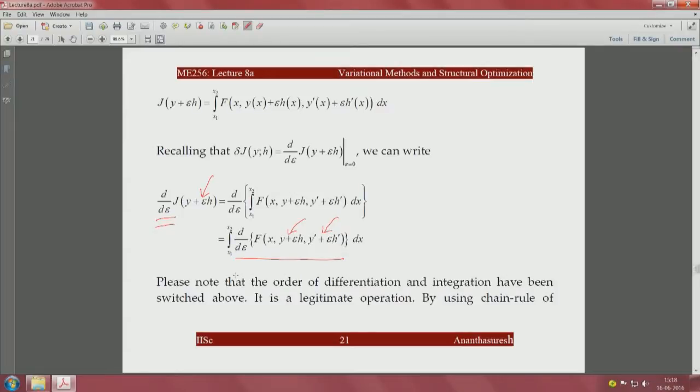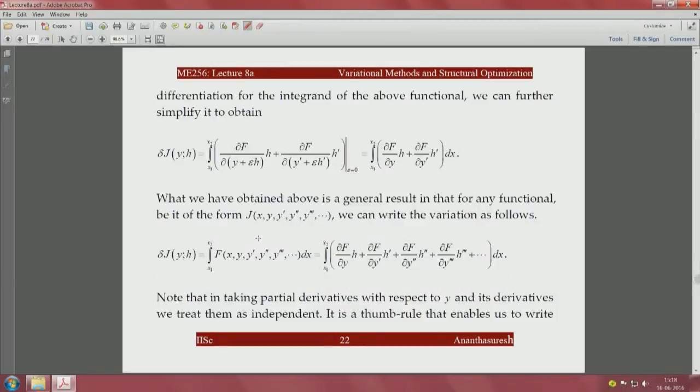You take the derivative using normal calculus rules for differentiation. Here f is a function of y plus epsilon h, so you have to do the chain rule. You take the derivative with respect to y plus epsilon h, and then the derivative of y plus epsilon h with respect to epsilon. That is the chain rule. Okay.